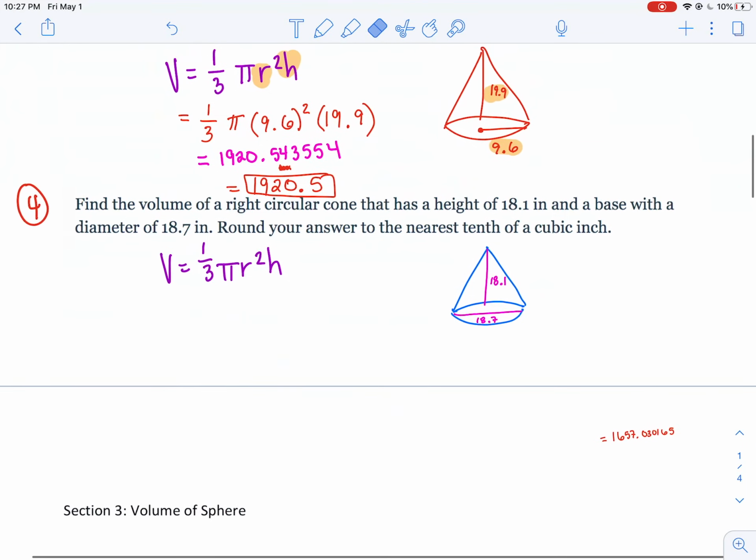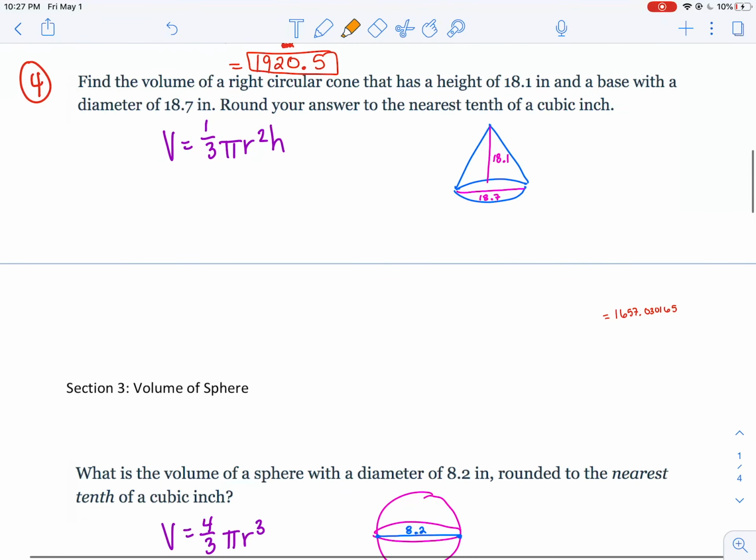All right, and then the next problem is find the volume of a cylinder where the height is 18.1 and the diameter is 18.7. However, remember, we do not need the diameter. We need the radius. So cut that diameter in half, and I get 9.35 for my formula.